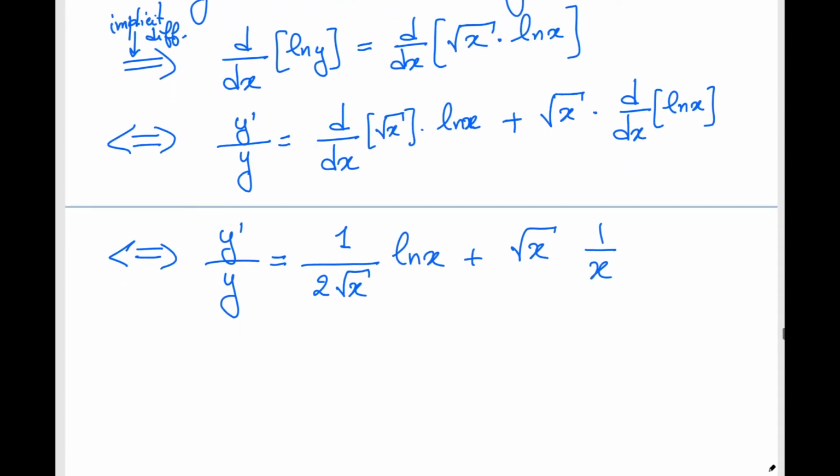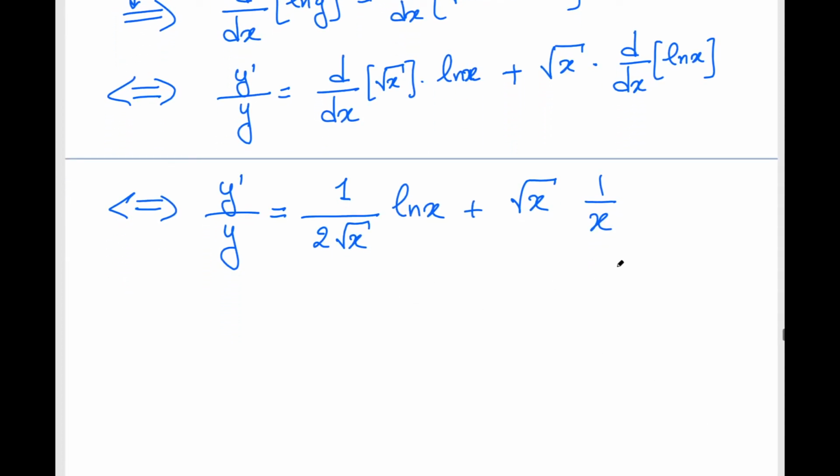This is 1 over x. Now what's square root of x over x? That's the same as 1 over square root of x. I'm doing this step just for aesthetic reasons, to put it under the same denominator. You don't have to, but let's do it.